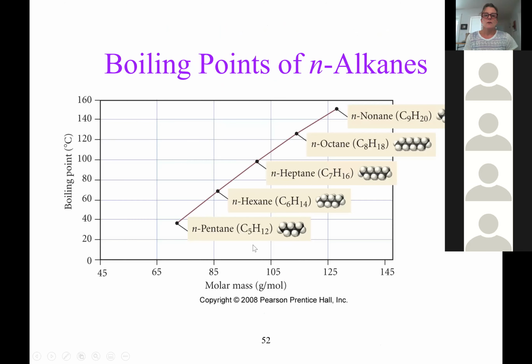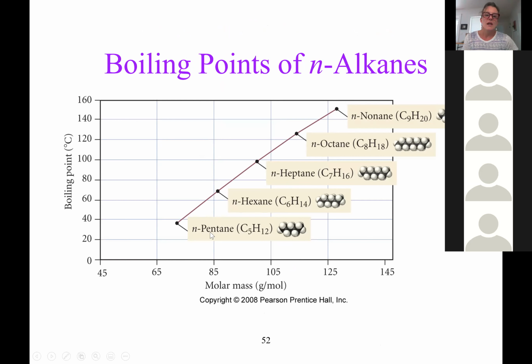Now this is a plot of the boiling points of hydrocarbons: C5H12, C6H14. There are only carbons and hydrogens here. If you see a molecule that has only carbons and hydrogens, it can only have dispersion forces. But notice, the longer the chain, the higher the boiling point.